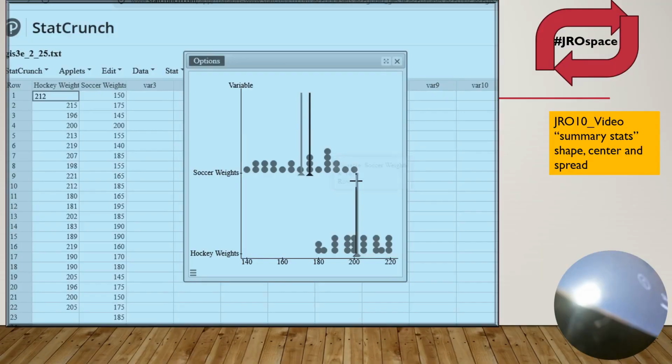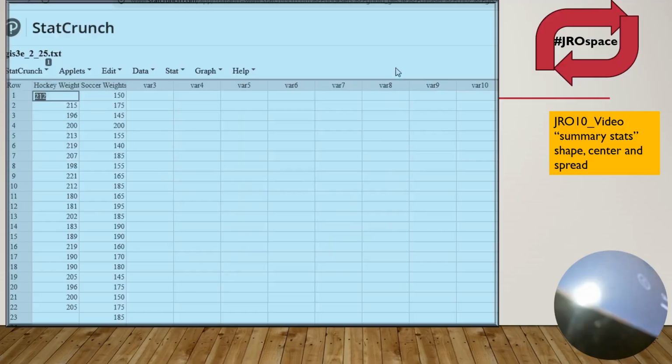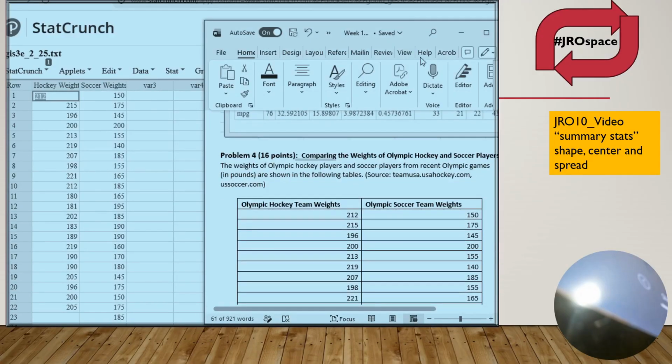And notice here, we would say this one's pretty much symmetric because the mean and median are just different by 0.5, so we pretty much got a symmetric one. Now one thing is, let's look at what it was always asking.